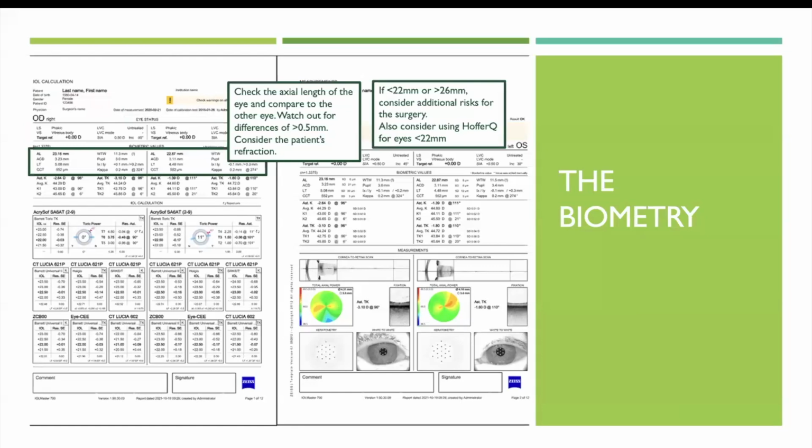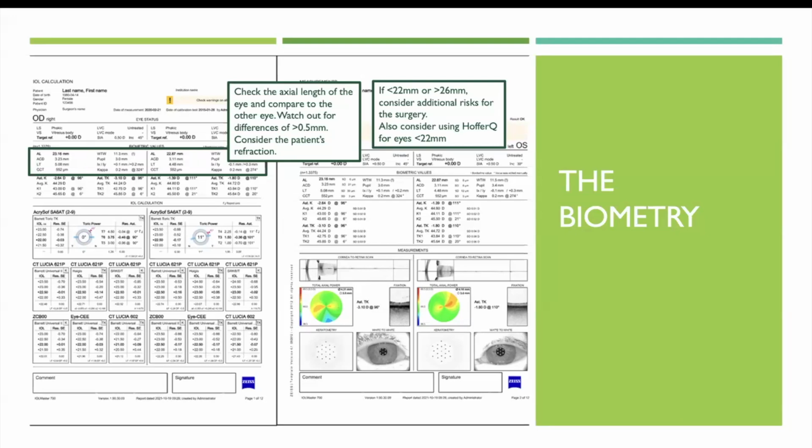I then look at the axial length of the eye. The first thing that I always do is look at the raw number and then also compare it to the other eye. If there's a difference of above about half a millimeter, a red flag should be waving, to make sure that the difference in the axial length is accounted for. So is the patient's refraction very different, for example?